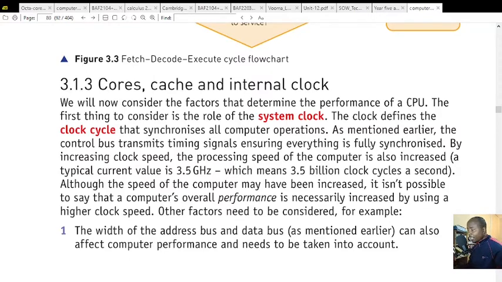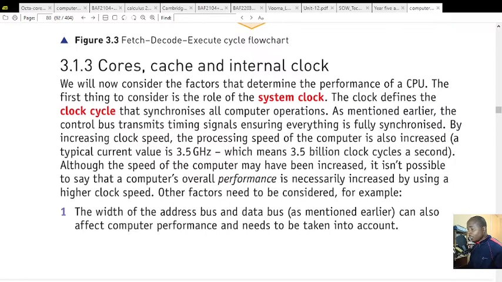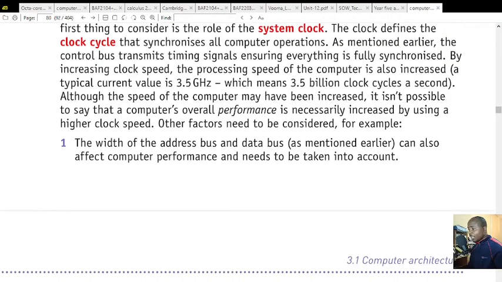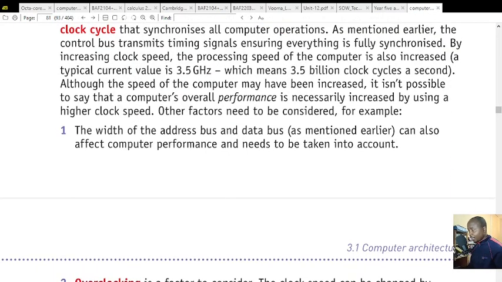Now, one among the elements or factors that are normally considered is what we call the width of the address bus, and also that of the data bus.